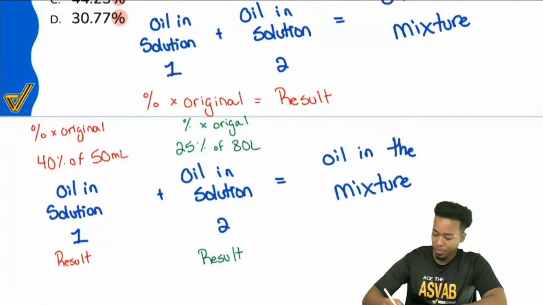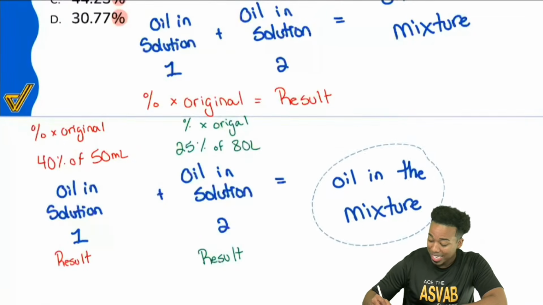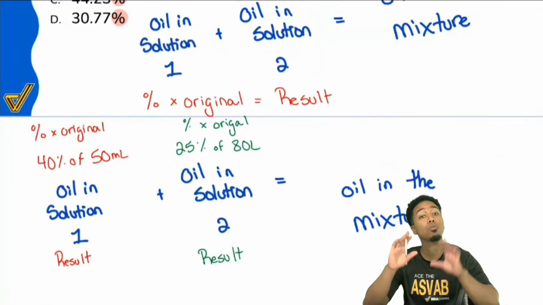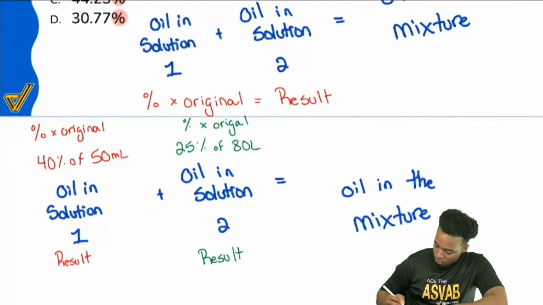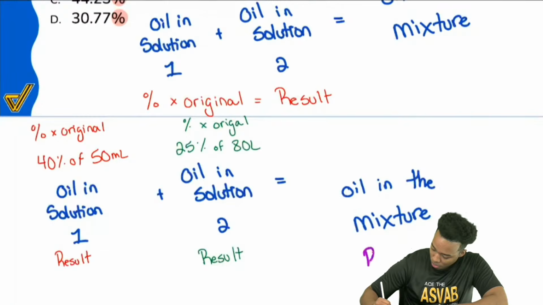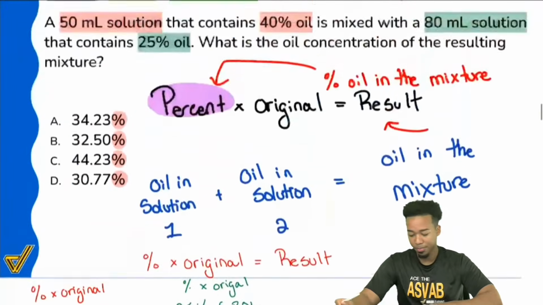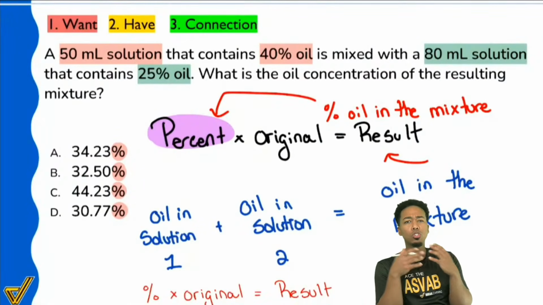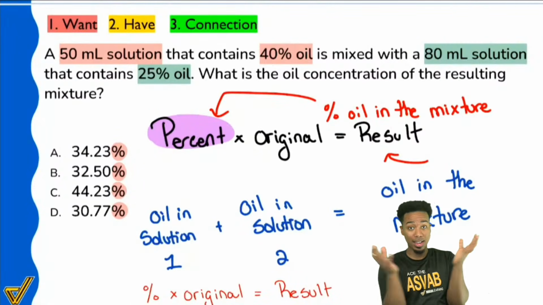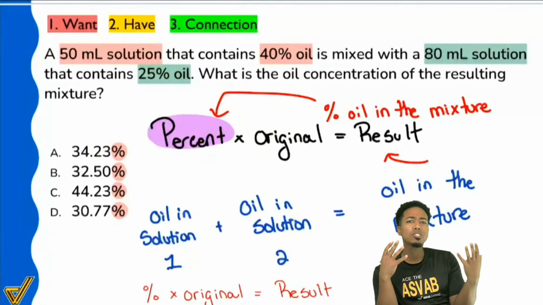Great. Now here's the final part. This is the trickiest part, so pay careful attention here so you don't get confused. Everyone, what information do we have about the oil in the mixture? What do we know about the combination? Do they give us the original amount of that combination? Do they give us the percent of that combination?